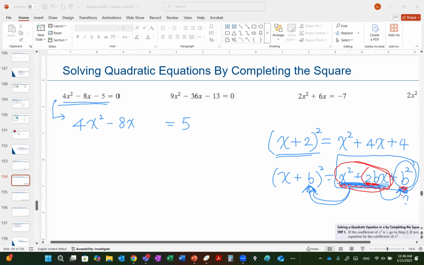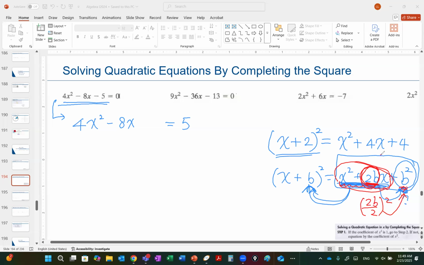If we know the coefficient of x, we make it half. You just need to divide it by 2 and make it a perfect square. The coefficient of this part, divided by 2 and squared, will be this one.